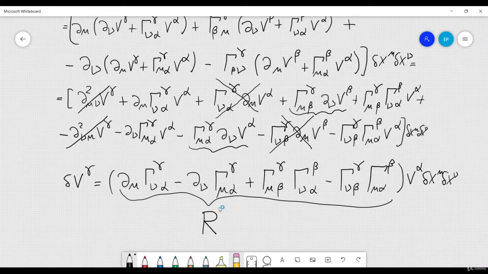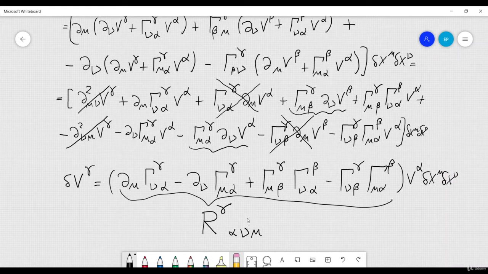So we have one upper index that is gamma, and then we have 3 lower indices: alpha, then nu, and then mu. So this is one possible way to define this tensor.